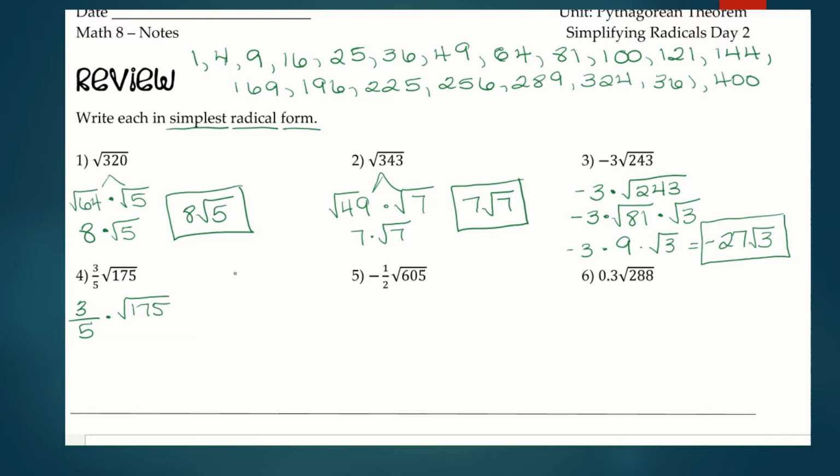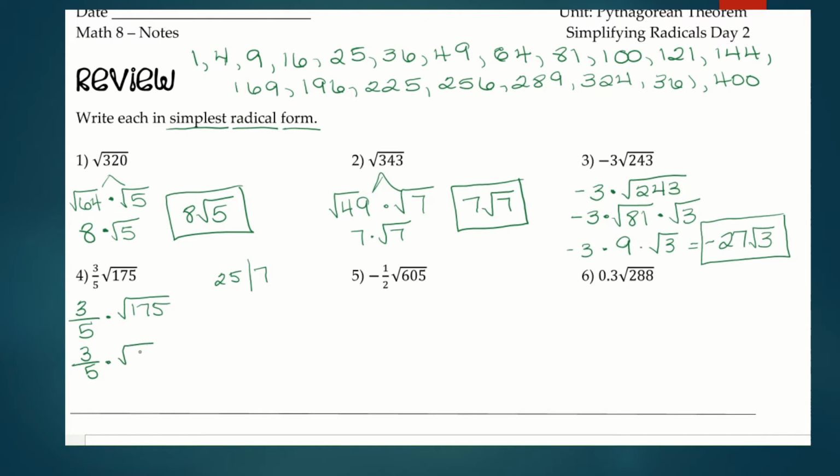Now looking at those two values, so 25, I'm going to make a little table here, times 7. 25 is a perfect square, 7 is not, and it doesn't have any factors that are perfect squares either. So think about numbers that multiply to 7, 1 and 7. That's it. So I know I have picked the correct factors to simplify my square root.